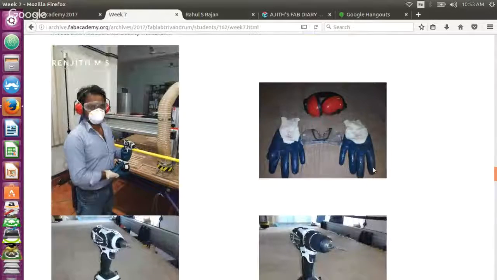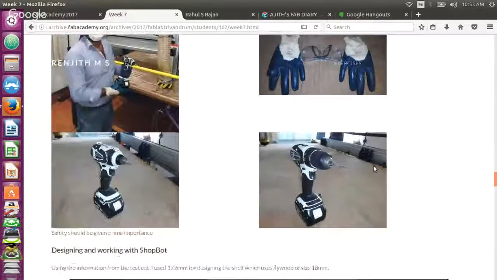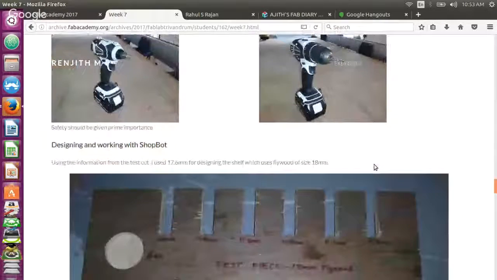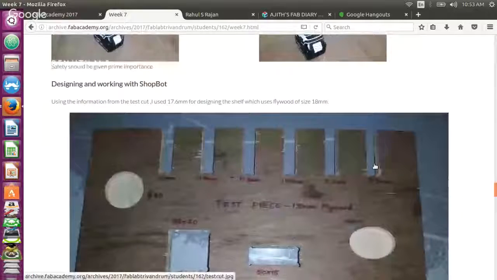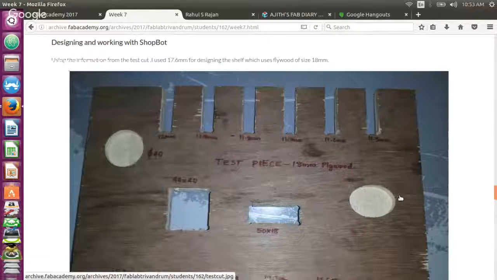Whatever things we are using here, the screws, I will write something more. First of all, we did a test cut, and from that I used 18 mm plywood. I found 17.6 is looking good for me, so I used 17.6.